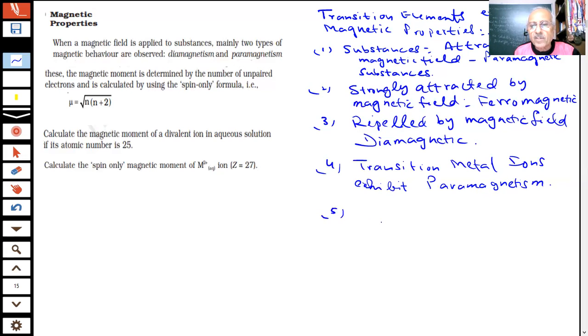What is happening, students? Actually, the electron has two types of movements. The electron is orbiting around the nucleus. Also, the electron has a spin moment.